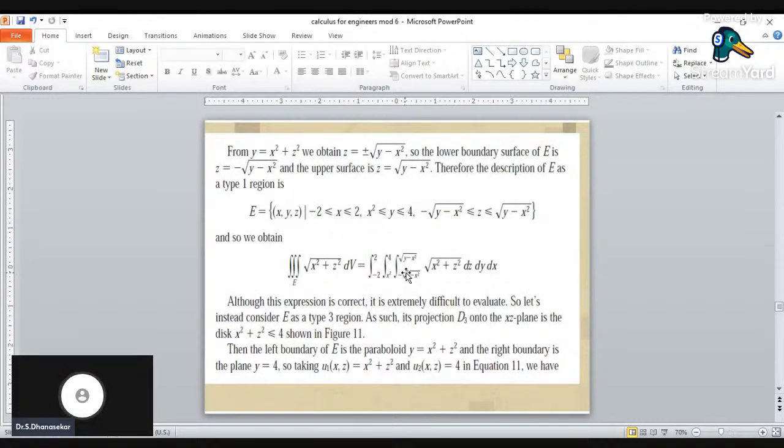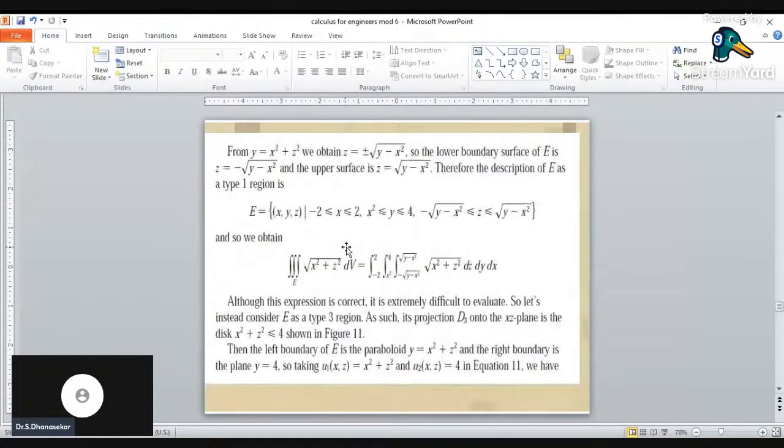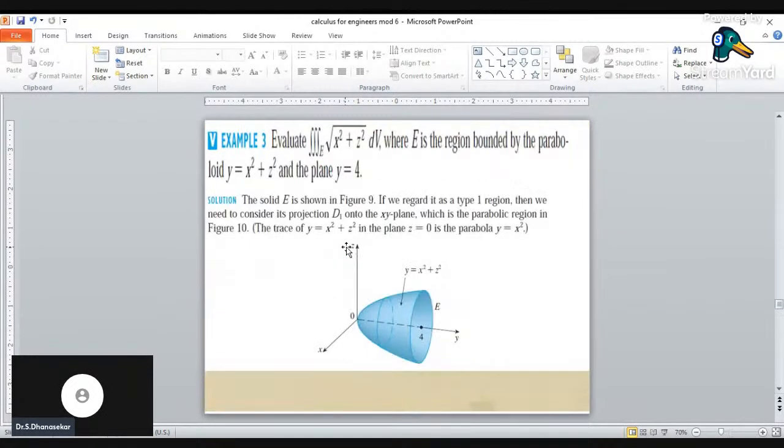Now, if I put it like that, I will get those things. So we have to be very careful in this. See, when you are putting it in the xz plane, now my y is 4, so I will apply 4 here. x square plus z square equal to 4.